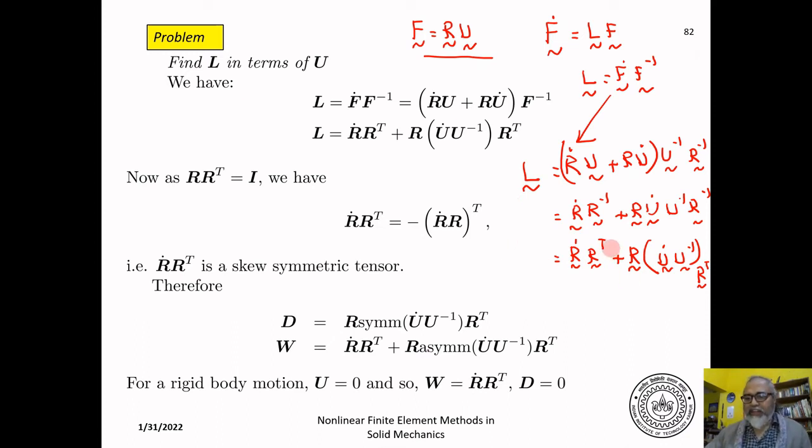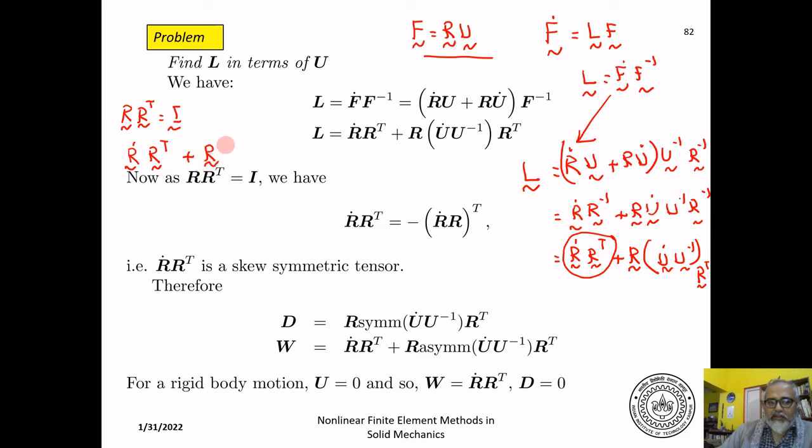Now, it is easy to show that this part is actually skew symmetric. Why? Because we know that R R transpose is the identity. R inverse and R transpose are the same. So R dot R transpose plus R R transpose dot is equal to 0, which tells you that R dot R transpose is equal to minus R R transpose dot.